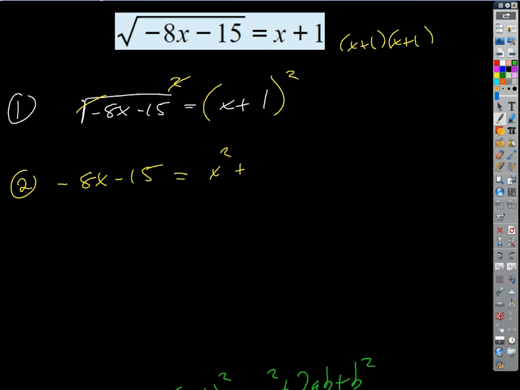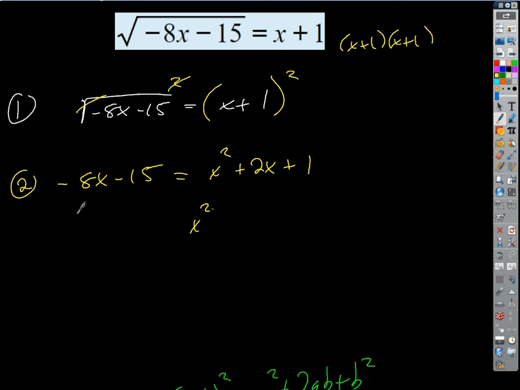So if we go back up here, that's going to be a squared plus 2 times a times b. 2 times x times 1 is 2x, plus b squared. 1 squared is 1, right? So that gives us a quadratic equation. Now all we have to do is push everything to the right side, so we set it equal to 0.